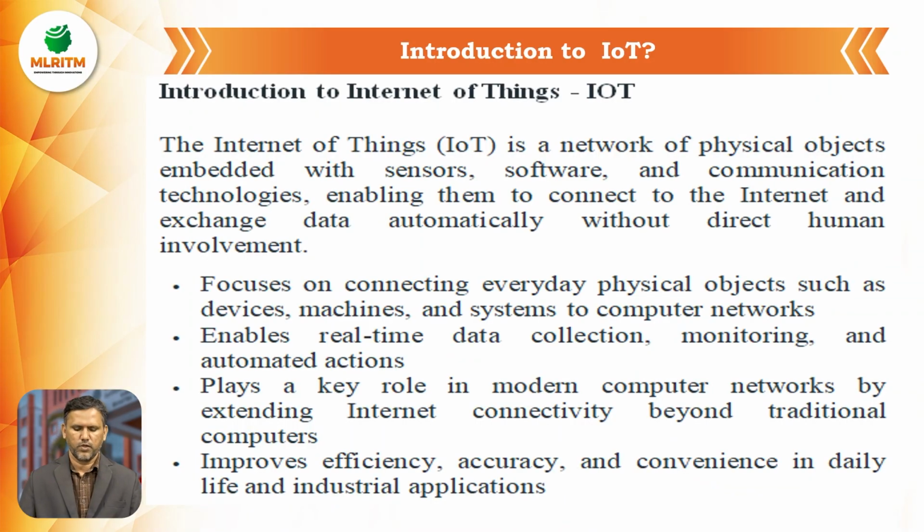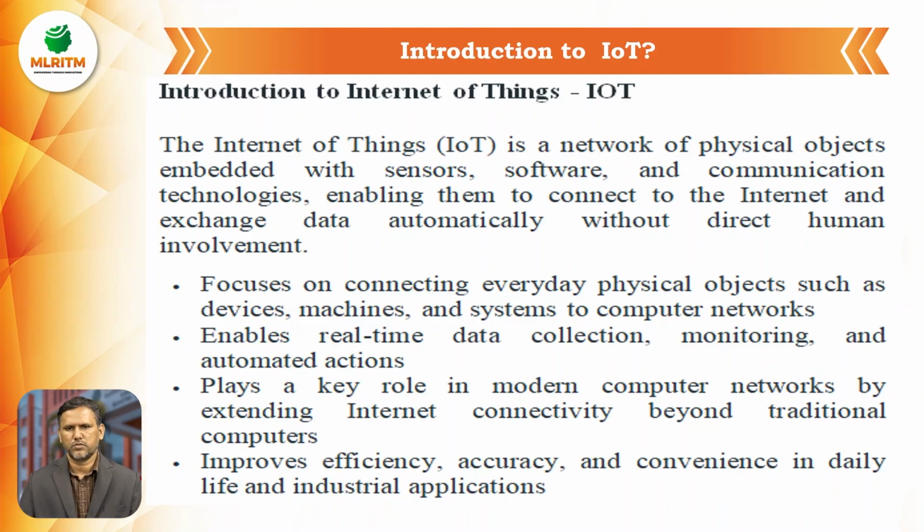Next, introduction of IoT. IoT is a network of physical objects enabled with sensors, actuators, software, and communication technologies, enabling them to connect to the internet and exchange data automatically without direct human intervention.